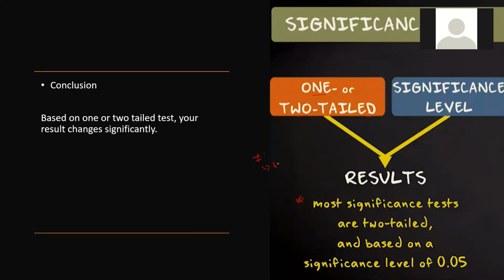If we use not equals, that means we are doing a two-tailed test, and my significance of 0.05 will be distributed at both ends, like this portion 0.025 and this portion 0.025. In a two-tailed test your threshold will be 0.025, while in a one-tailed test it will be concentrated in one area, equal to 0.05.